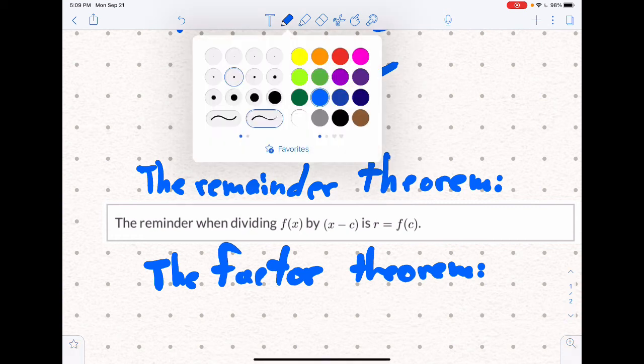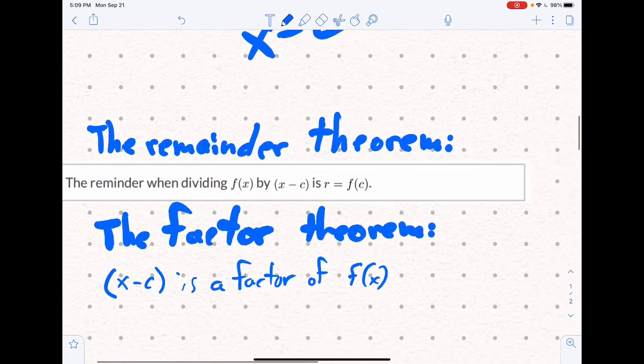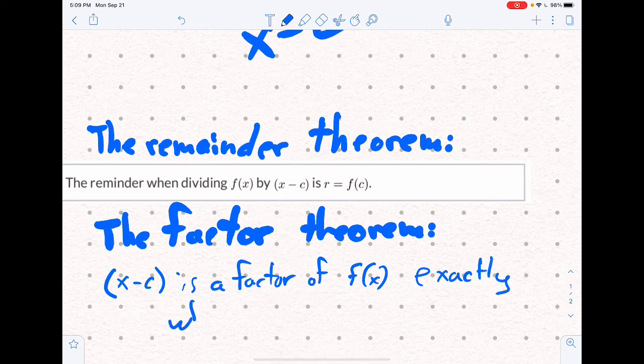So this is the factor theorem. The factor theorem says the following. It says that x minus c is a factor of f of x exactly when f of c equals 0.